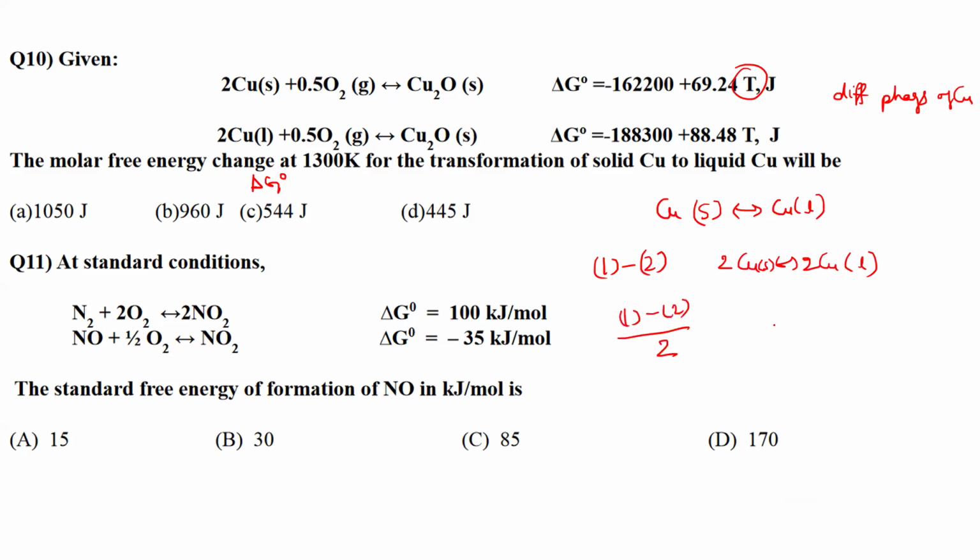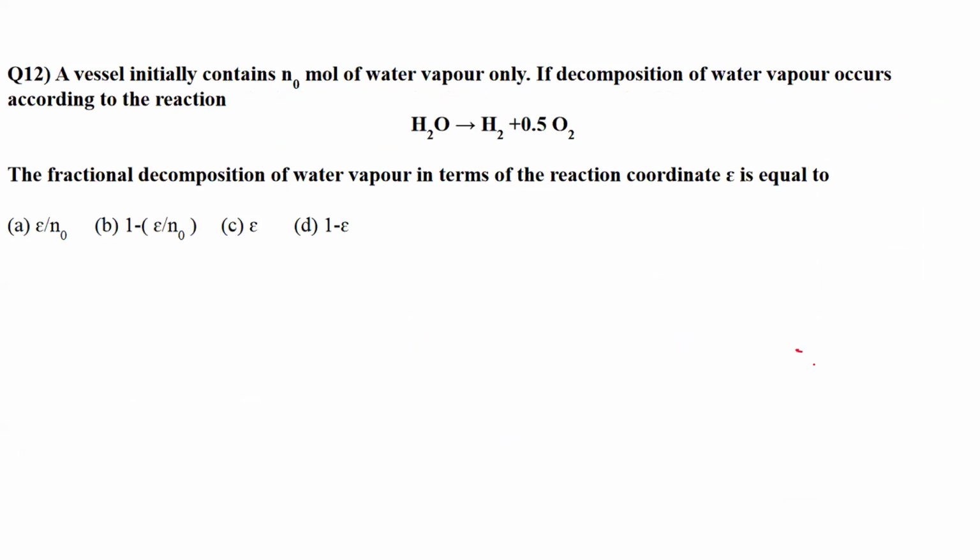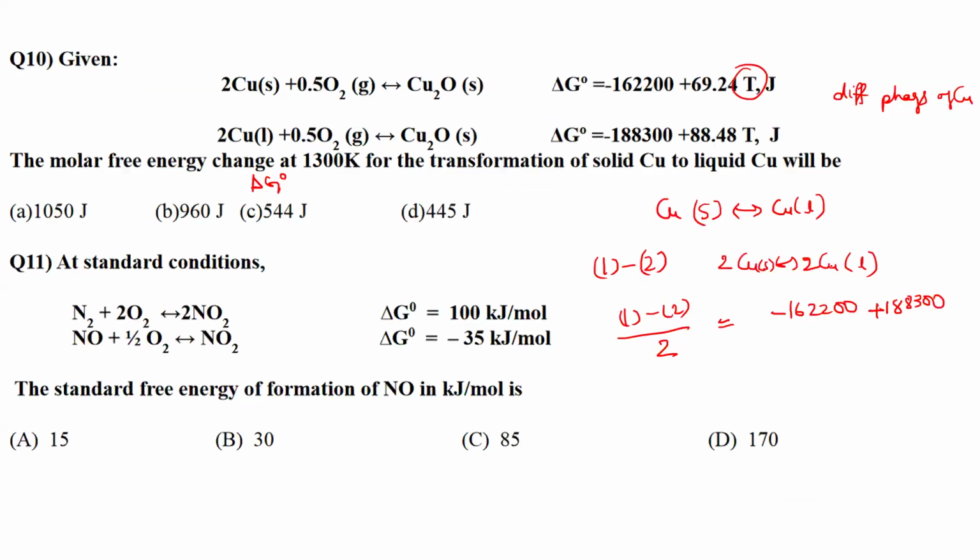Okay, equal to the delta G. If I do, I'll have minus 162200 plus 188300 plus 88.48 minus 69.24 into 1300, whole by 2.